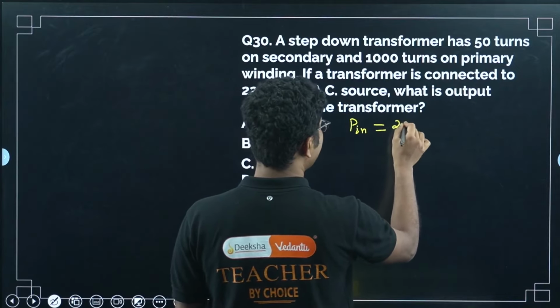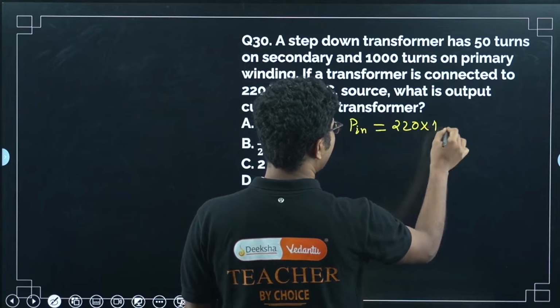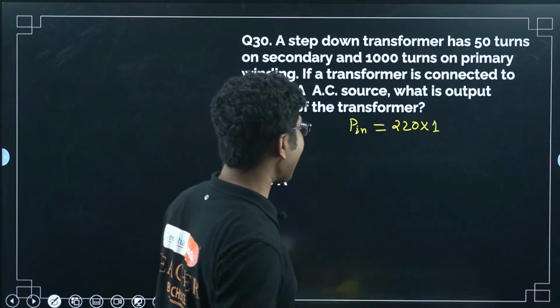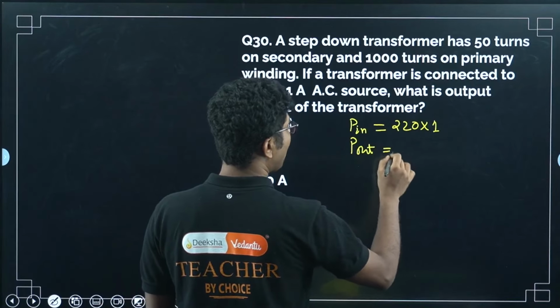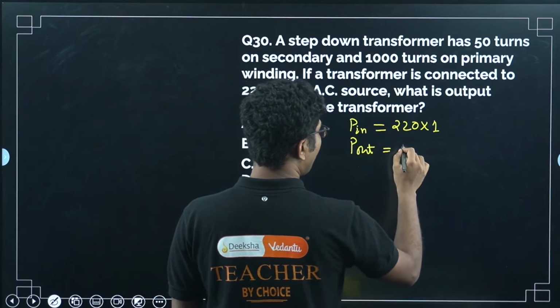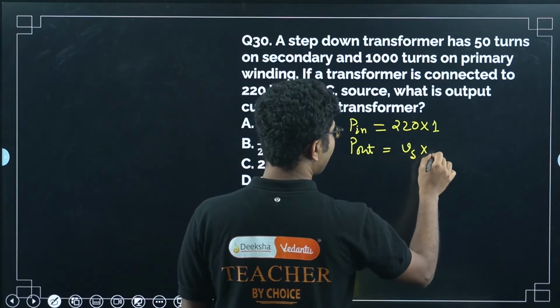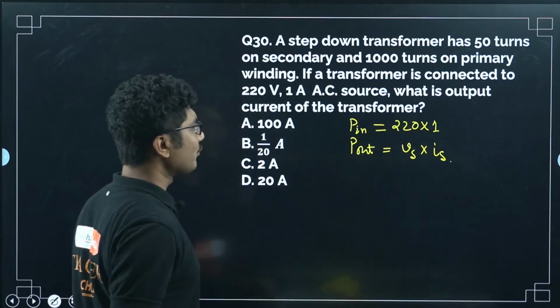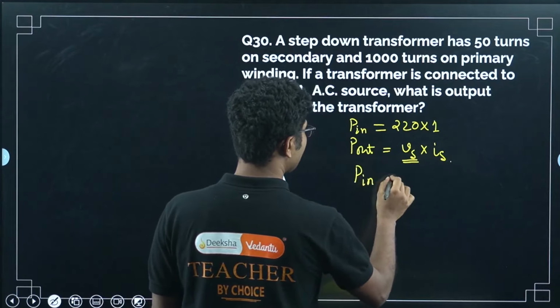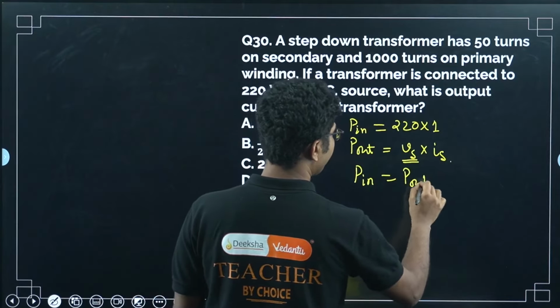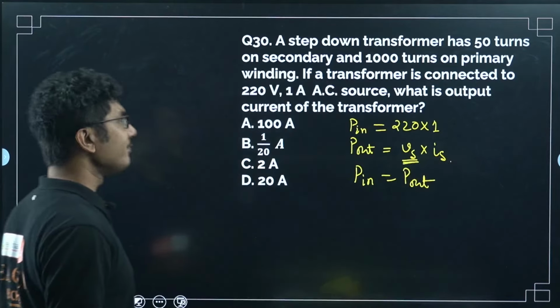Power input is 220 volt times 1, right? And what is output power? Output power will be voltage secondary times I secondary. Now we have to find this, and because it is an ideal transformer, P in should be equal to P out, right? First of all, you have to find Vs.